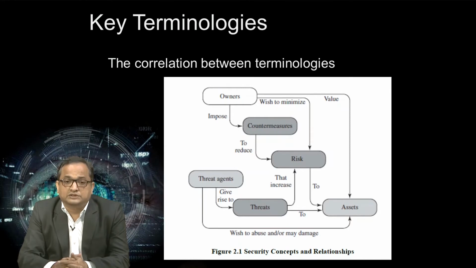There is a possibility that a particular person can get access to a particular system, so they can be considered as threat agents. Whatever risk is associated with particular assets, we need to protect these assets. So whatever activities or actions we carry out can be considered as countermeasures. All these terminologies are related to each other in terms of cyber security.